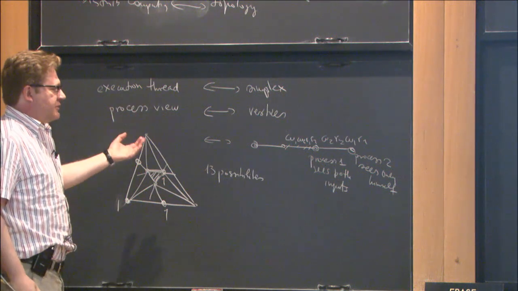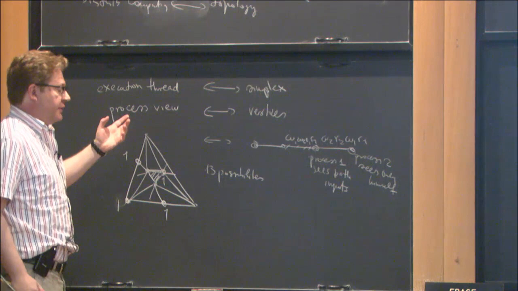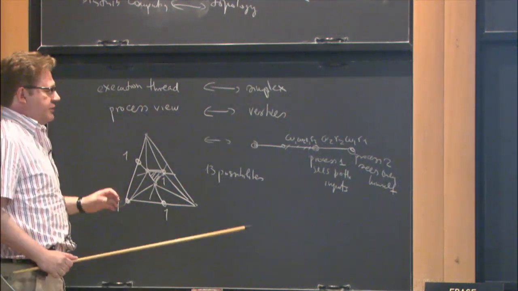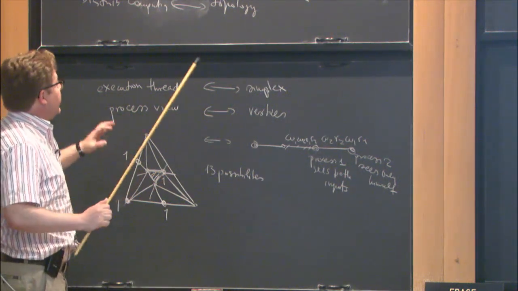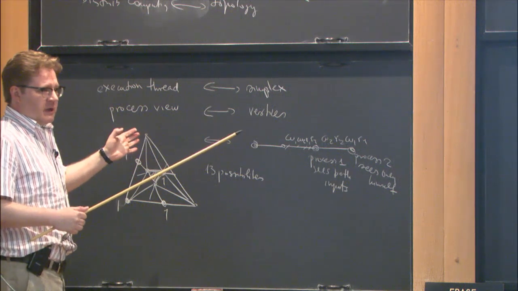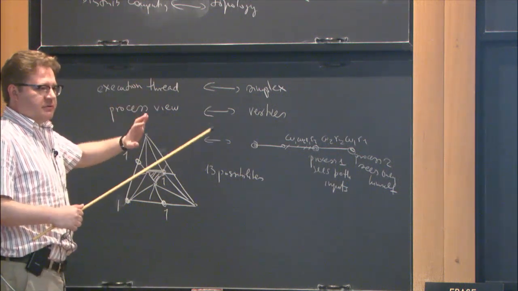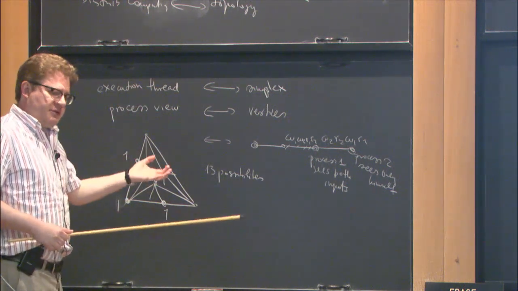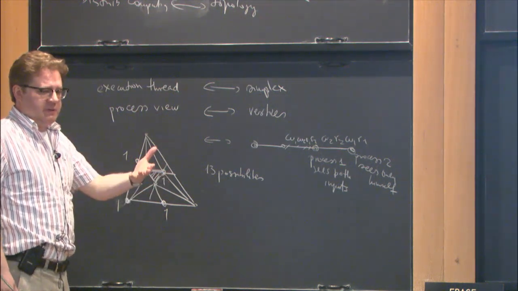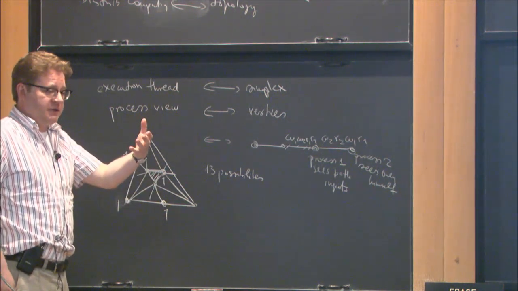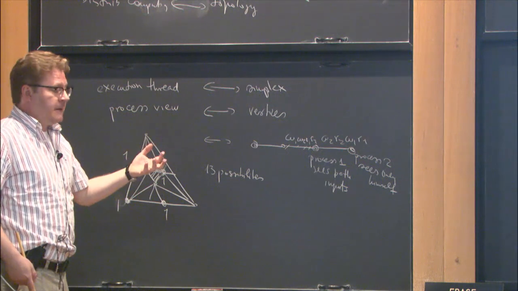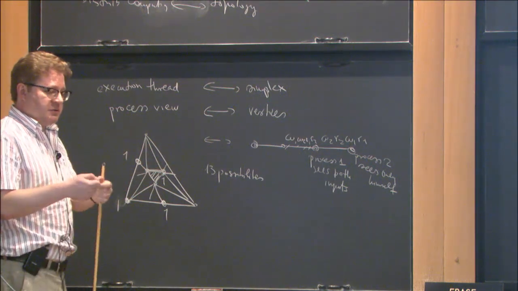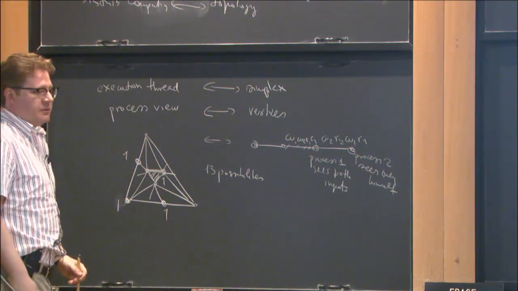And it's of course a very general idea if you think about it, because you can take any model, any set of executions, as long as you can talk about partial views and so on, and construct a simplicial complex where simplices correspond to possible execution threads of a given protocol, and vertices correspond to local views of the processes.